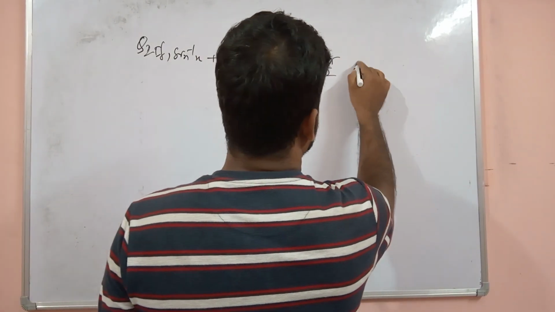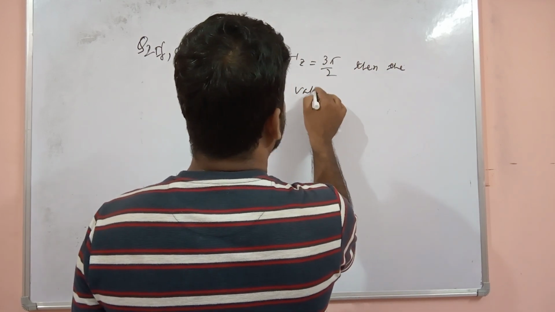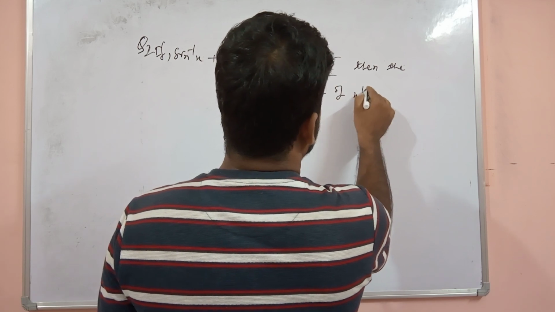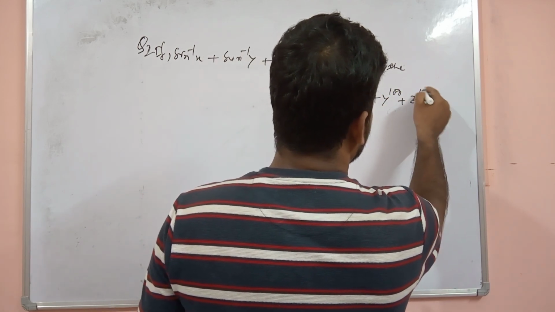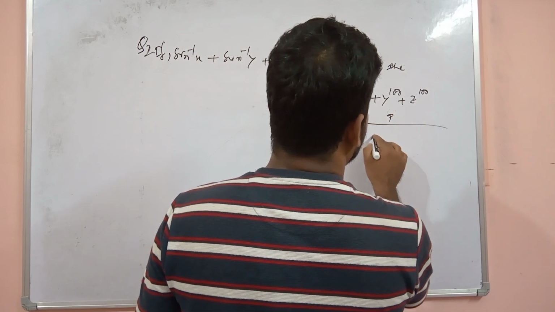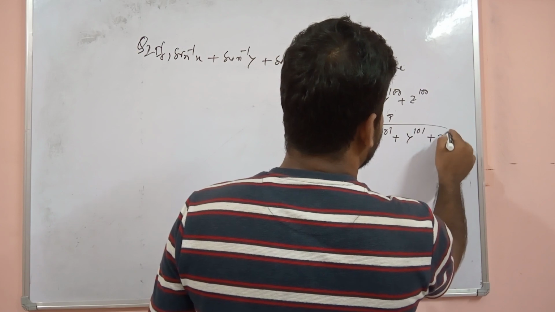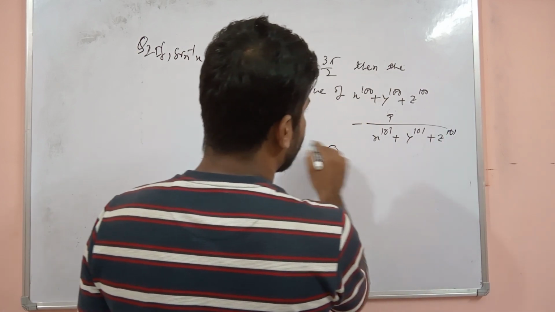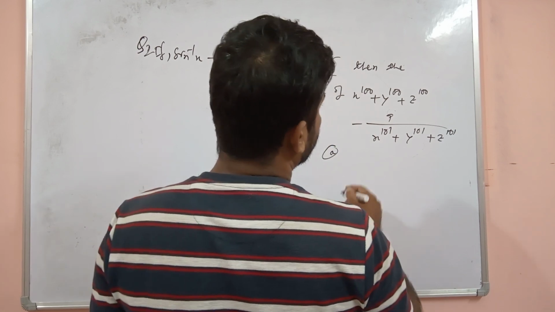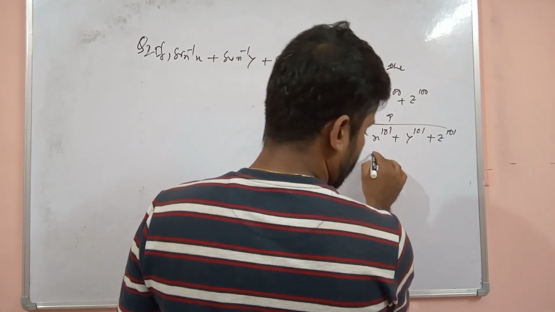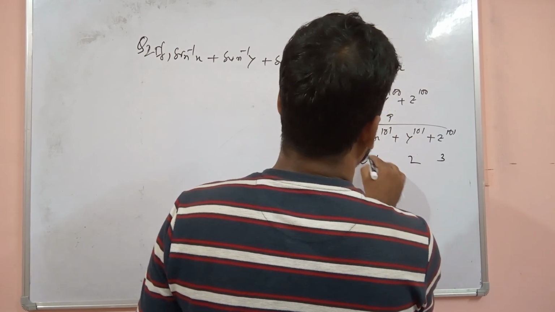Then the value of x to the power 100 plus y to the power 100 plus z to the power 100 minus 9 by x to the power 101 plus y to the power 101 plus z to the power 101. Options are 0, 1, 2 and 3.